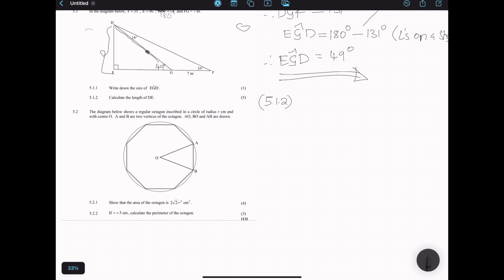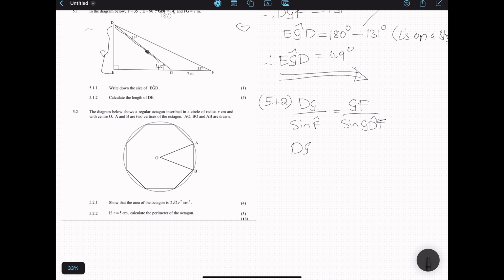To do that, we're going to use DG divided by sine of angle F, which is equal to GF divided by sine of that angle there, which they call GDF. So we can substitute.